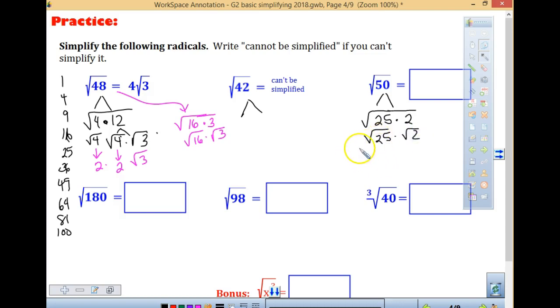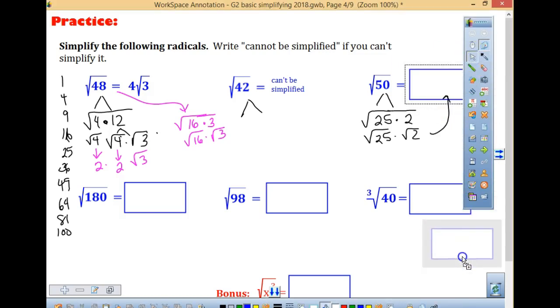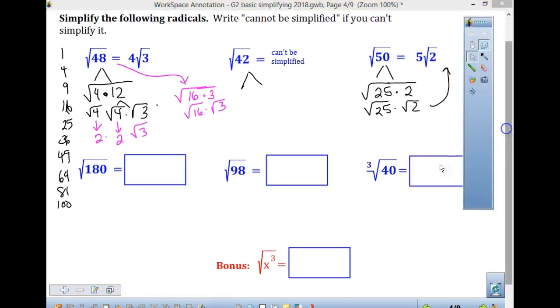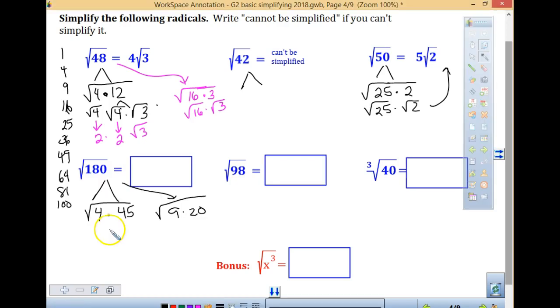Some of you will like to go that next step and put square root 5 times square root 5. Do you need to do that for me? No. At this point, you can tell me your answer is going to be square root of 25 is 5, square root 2. Okay? So I want you to try these next 3 and the bonus, and then we'll go over them.